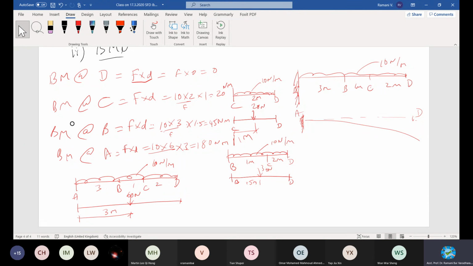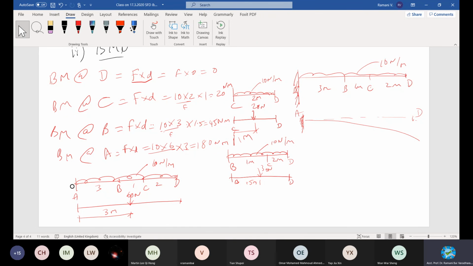Where is the diagram? I think I plotted already. Or can you draw it? Bending moment diagram for this? Can you try? It's already time. One moment. Let me finish the drawing. I cannot, my paper is stuck already.